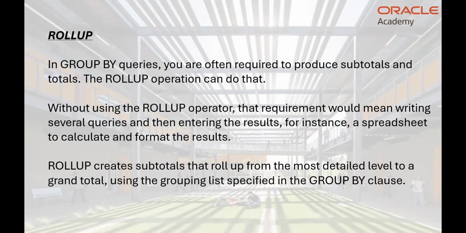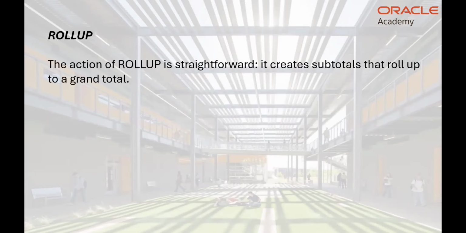So roll up creates subtotals that roll up from the most detailed level to the grand total. So you're probably wondering where did they get this term from? Any of you know about accounting, which I do not, but this comes from that verbiage, roll up. So this is why Oracle SQL decided to do it that way.